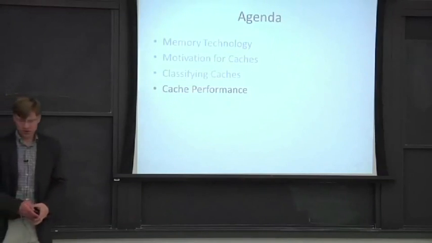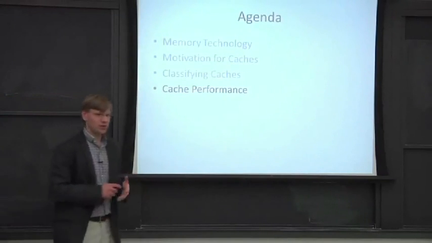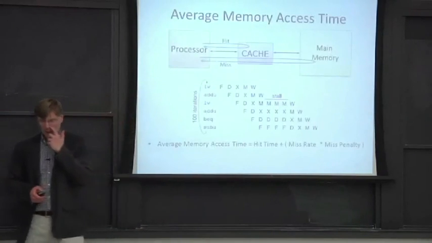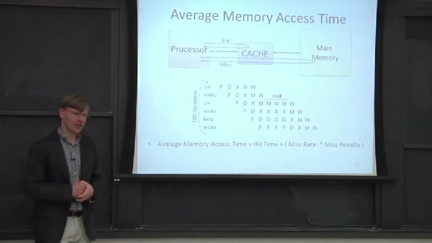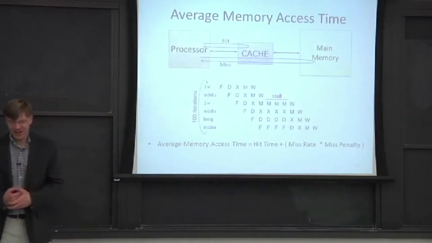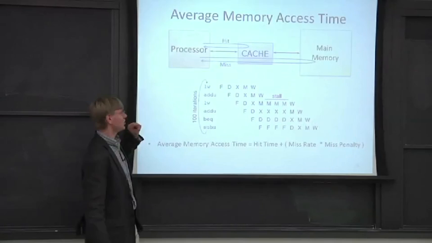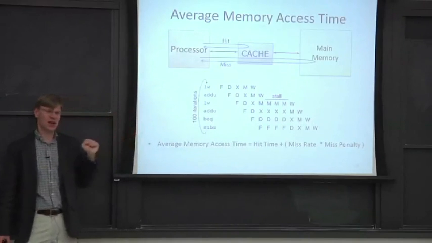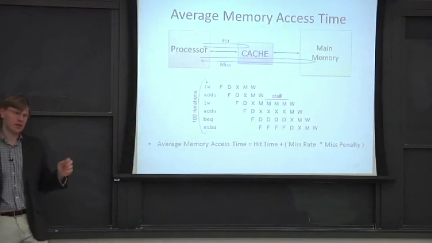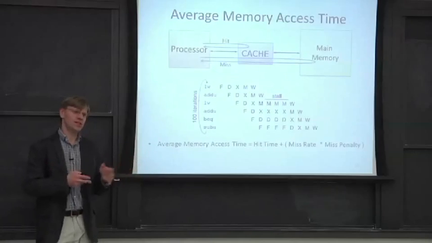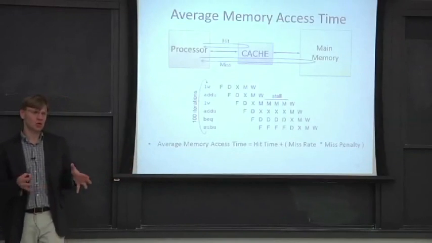Okay, so let's start talking about performance, because the whole reason we built caches is to have lower power and higher performance. And let's go back to the iron law. So what is a cache trying to do? Well, if you look at that iron law of processor performance, when you do a load or a store, we're trying to decrease the clocks per instruction to process that load or store.